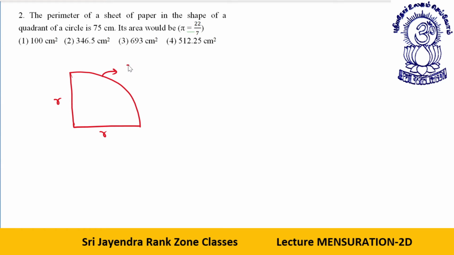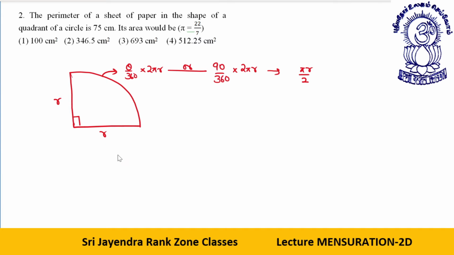The length of this arc is theta by 360 into 2 pi r. What is theta? This theta is 90 degree. So this is 1 by 4 into 2 pi r. Finally, it will be pi r by 2.